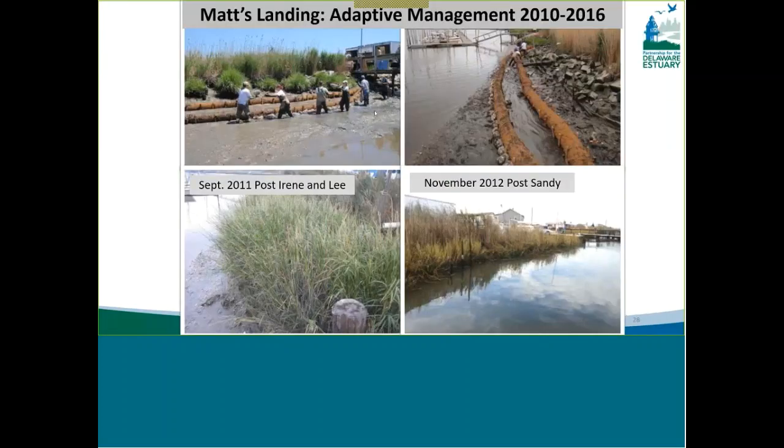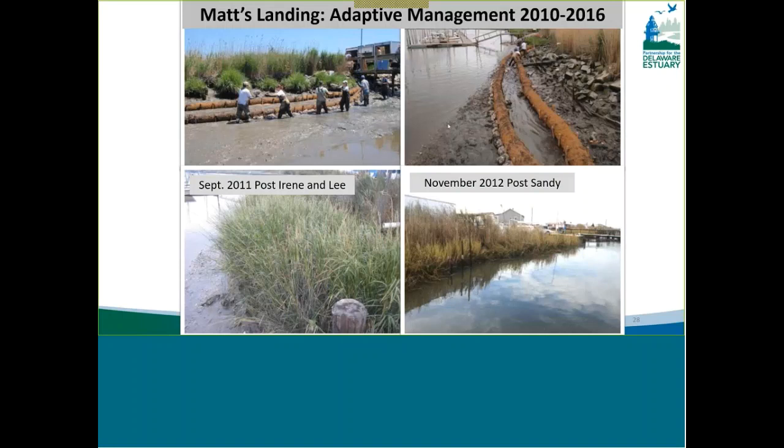In these last couple of slides, and I think I'm on track to wrap up in a few minutes, I'm going to look at our Mass Landing adaptive management. This is adaptive management from 2010 through 2016. We haven't done anything since 2016, but we are going to do something in 2020 as well, so it'll have been four years since our last intervention.